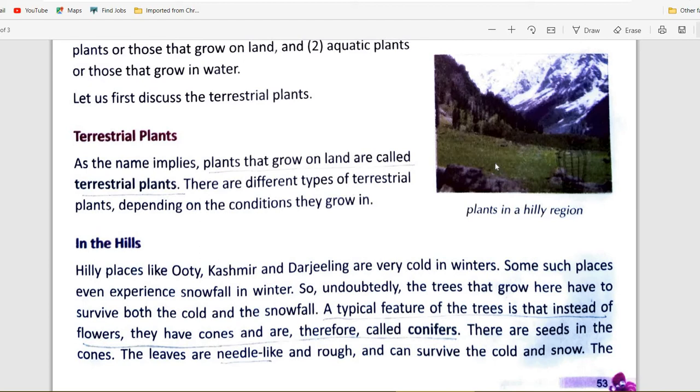Terrestrial means land. Land may be a hill, maybe a desert, maybe a marshy area, near coastal areas.